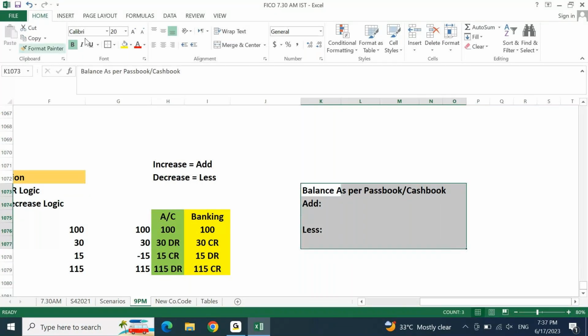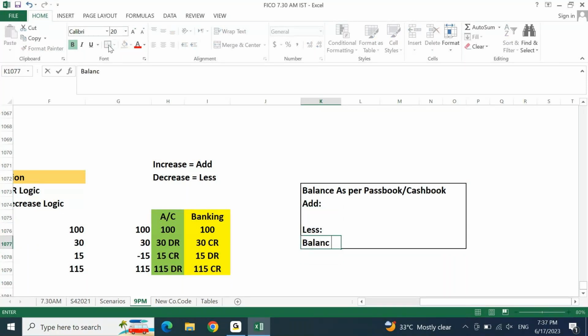And then finally you would have written again balance as per, this will be the opposite, cash book or passbook. If you start with the passbook balance, you will find out the cash book balance. If you start with the cash book balance, you will find out the passbook balance.